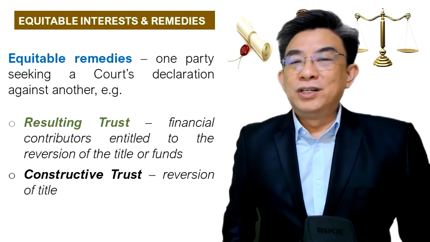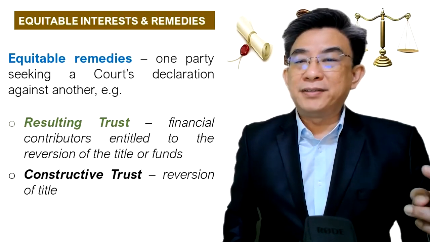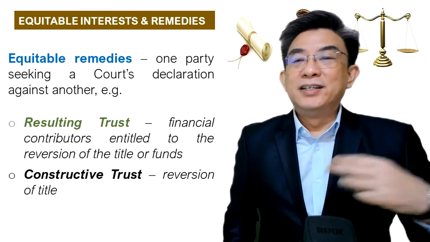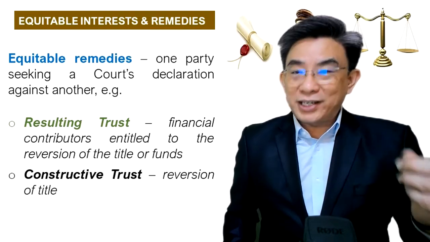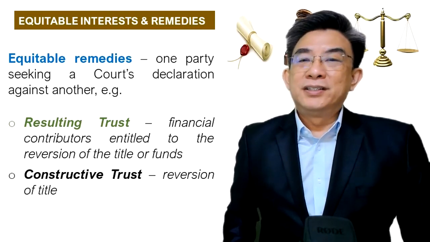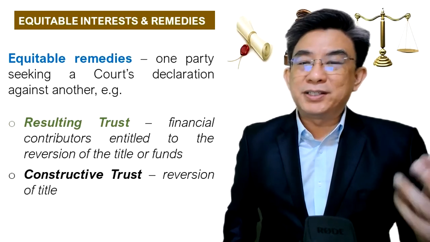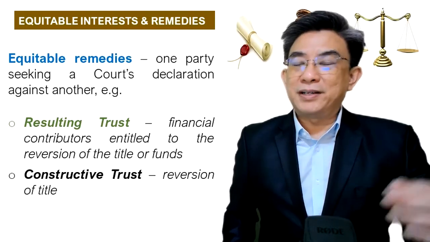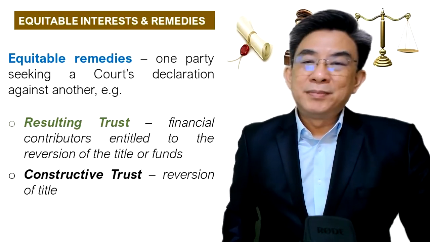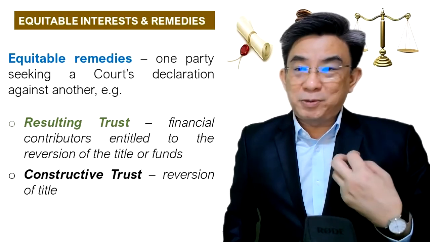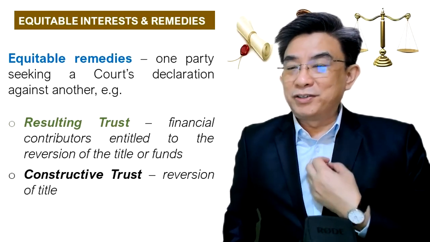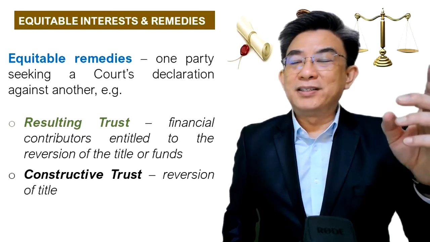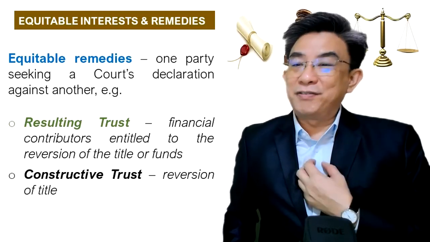So I will go to court to seek a declaration that this 20% being retained by my sibling actually is mine. So I'm the beneficiary, and he is the trustee of a resulting trust. Resulting trust refers to purchase money. The court may say, please return the 20% of the sale price to Sam. In the interim, before the money comes back to me, I'm the beneficiary of a resulting trust. My sibling is the trustee, I'm the beneficiary.